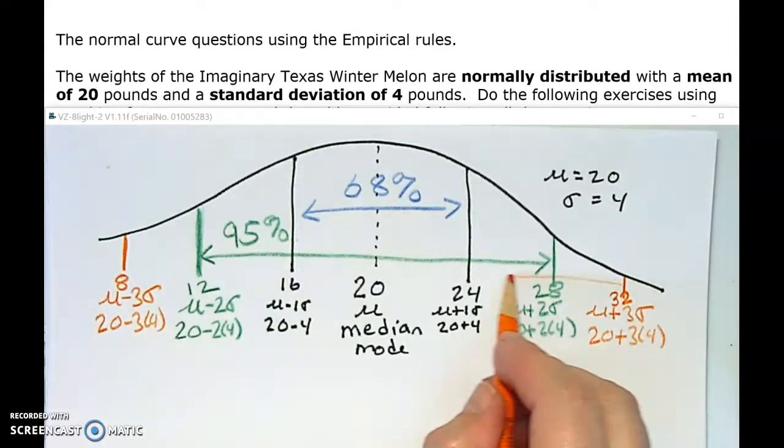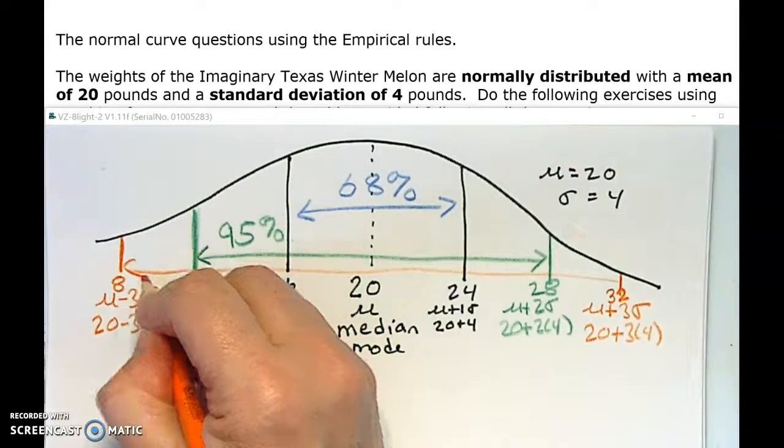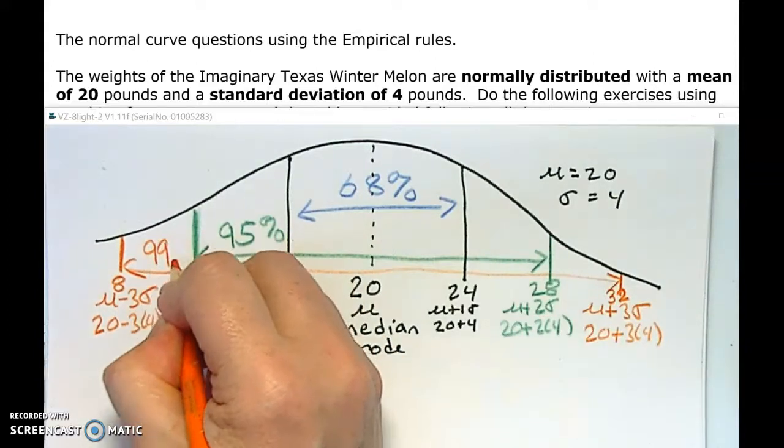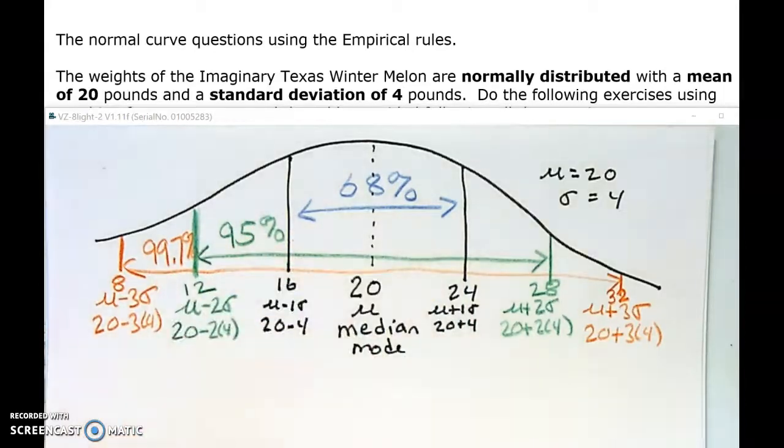So in between those two weights, we know from the empirical rules that 99.7% of all winter melons weigh between 8 and 32 pounds. That's true of anything that's normally distributed with these standard deviations.